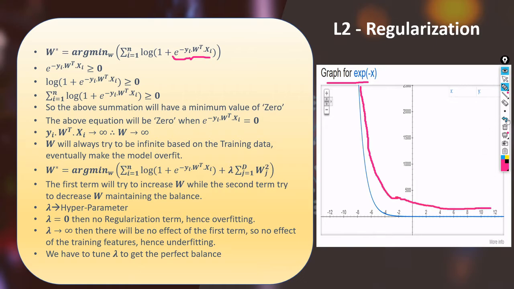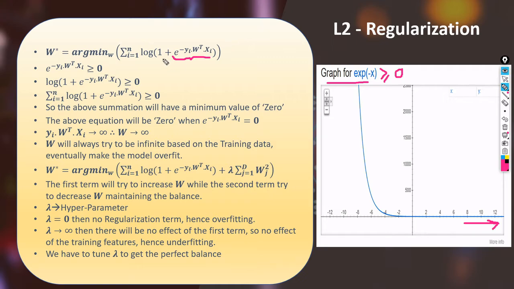Here you can see that e to the power minus x is always a positive value. It approaches 0 when x approaches infinity, and otherwise it has a positive value. So e to the power minus x is always greater than or equal to 0. That is for sure.